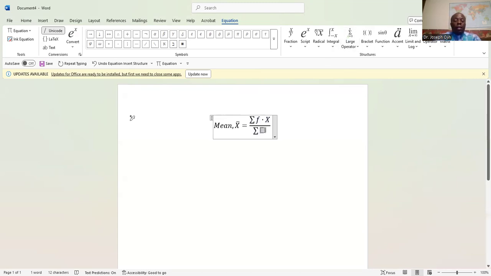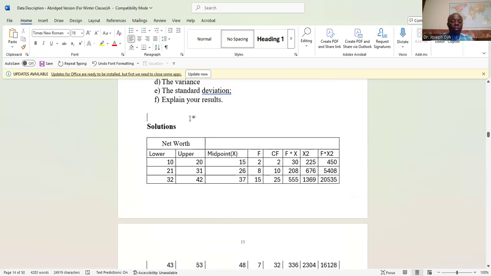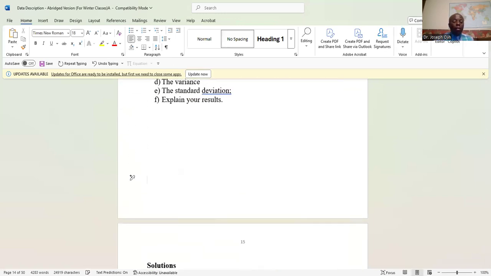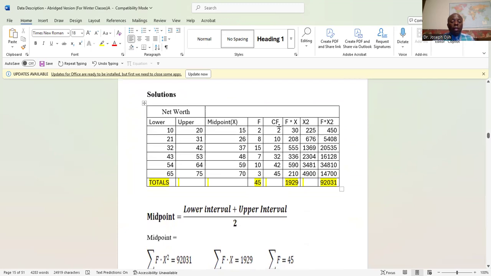Now this is the group data. From what we have on the screen, let me bring this table down. You can see the F times X here.